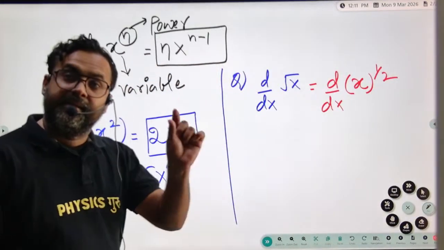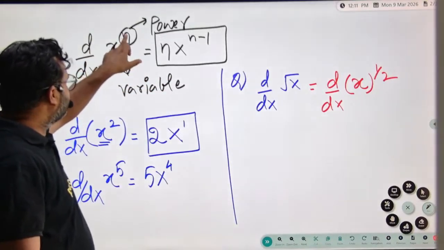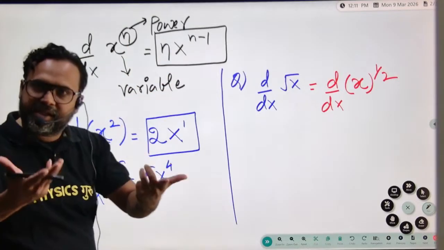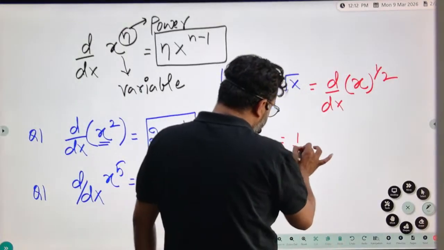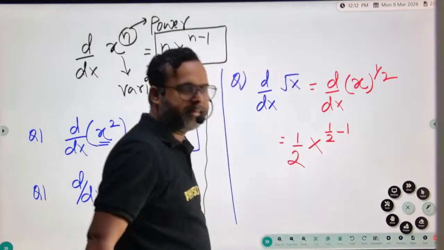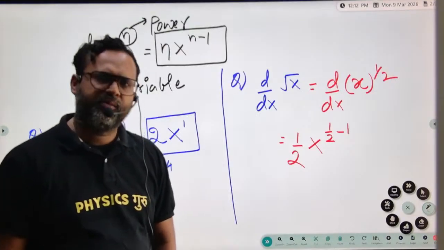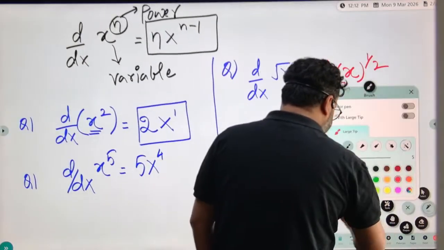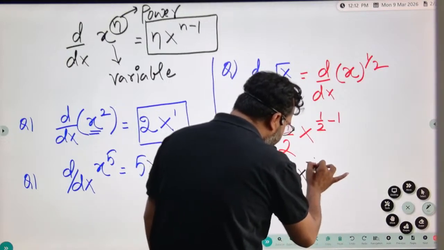So as per the formula, d by dx of x raised to the power n, first we write n, then x, then n minus 1. If I apply the formula here, the power is 1 by 2, then we write x, then power minus 1. What is 1 by 2 minus 1? Minus 1 by 2. So 1 by 2 x raised to the power minus 1 by 2.